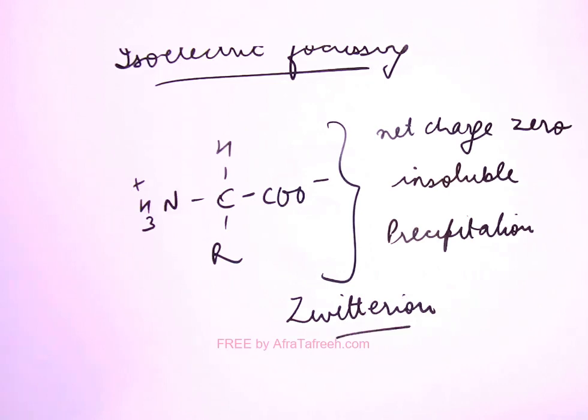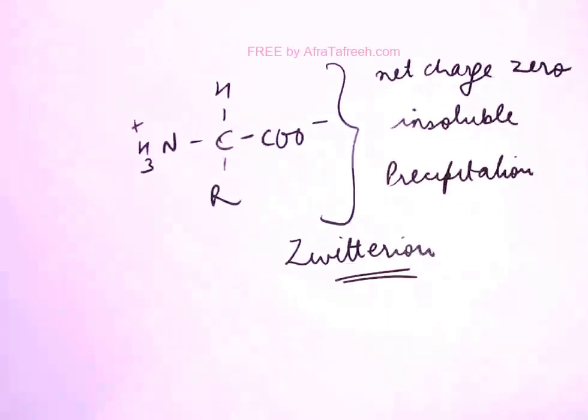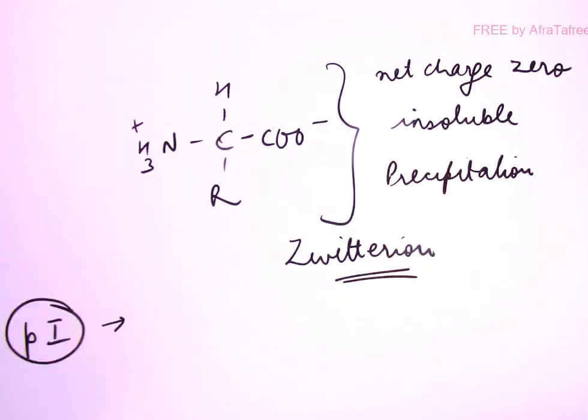There is a term pI. pI is the pH at which Zwitter ion exists. So can I say that at pI a protein will precipitate? Because insolubility will occur here, since the net charge is 0 here, right?